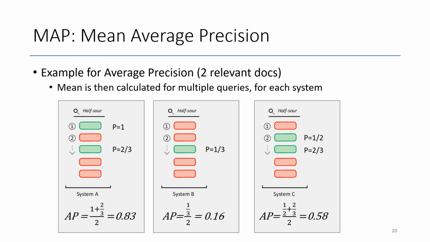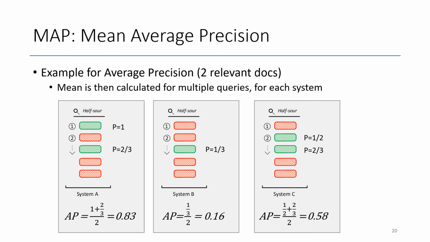We have only one document, and this is relevant. For the second relevant document, which is at rank 3, the precision is 2/3. right? And then in our average precision, we just sum them up and divide them by the number of relevant documents, which gives us an average precision of 0.8.